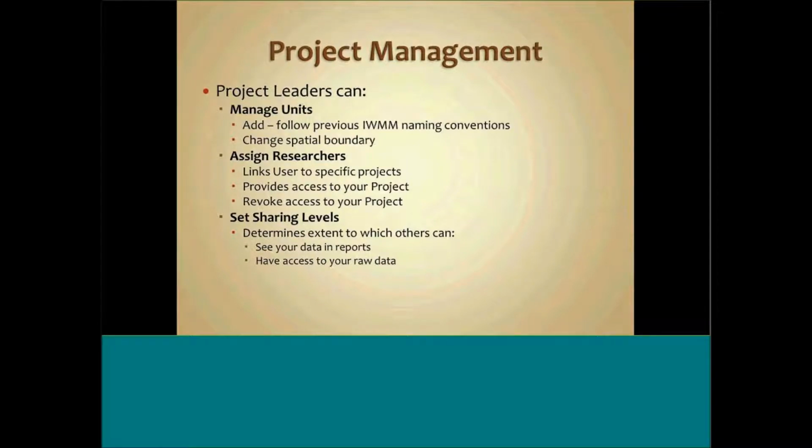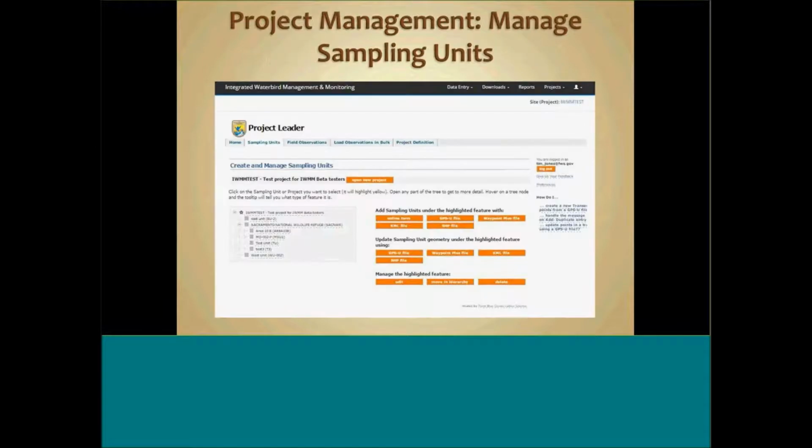Project leaders can also set the appropriate sharing level once data has been entered. These sharing levels determine the extent to which others can see your data in reports and have access to your raw data. Remember, as the data owner, you always have access to all your data you're putting into the AKN.